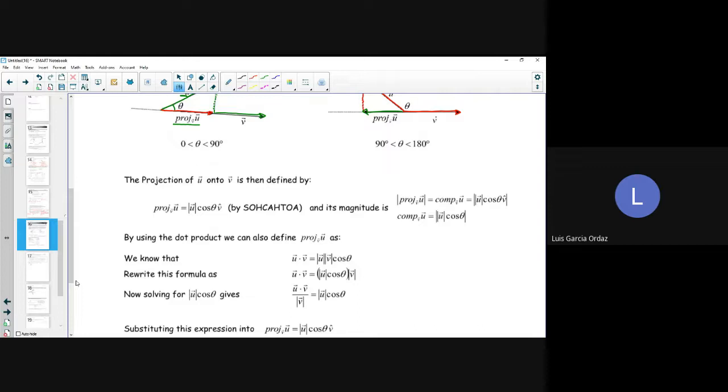So by SOHCAHTOA, the magnitude of the projection of u onto v is equal to the magnitude of u times cos theta.